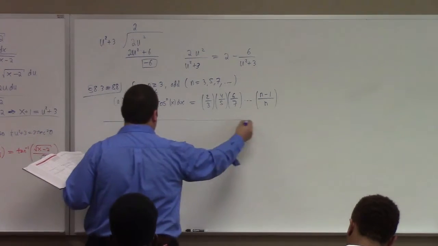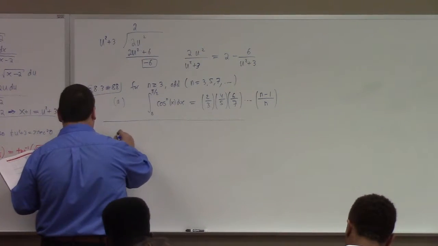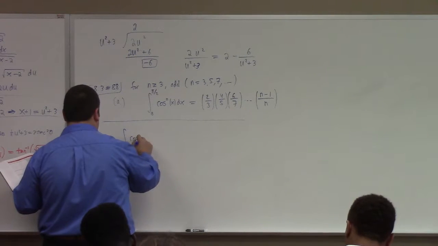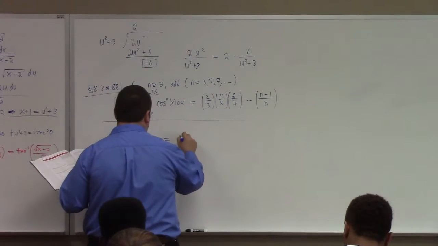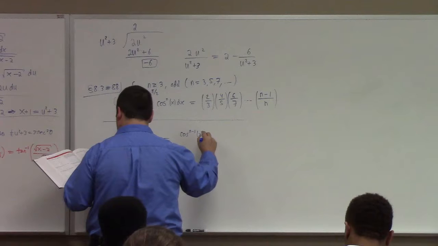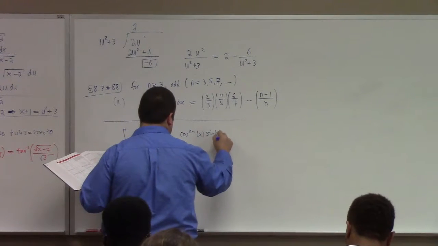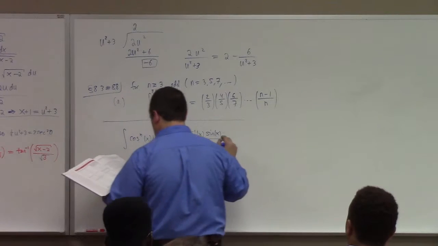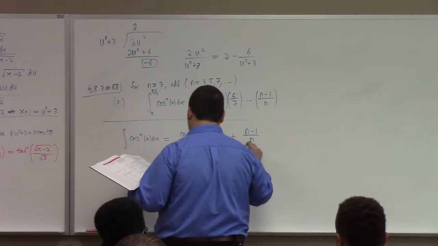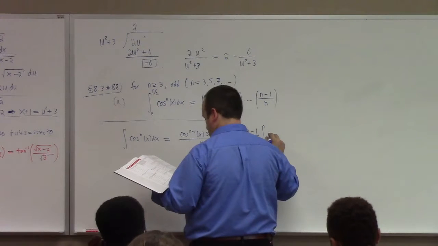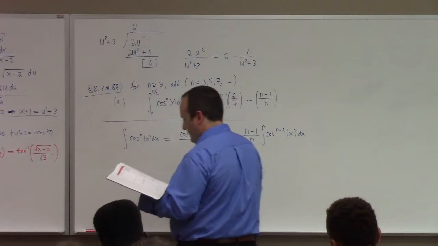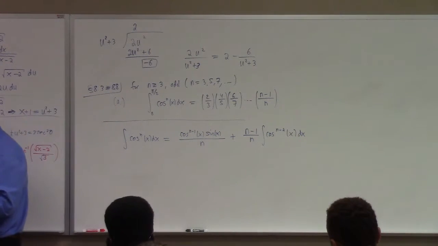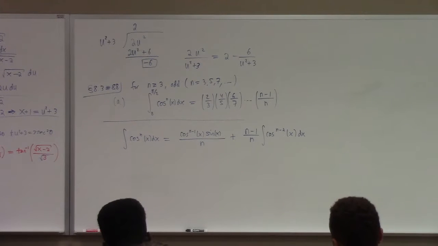But one of the things we learned in number 80 in particular is that the integral of cosine to the n of x dx is equal to cosine to the n minus 1 of x sine of x divided by n plus n minus 1 over n times the integral of cosine n minus 2 of x dx. So this is the so-called reduction formula for cosine. In numbers 79, 80, 81, and 82, oh, look at that.